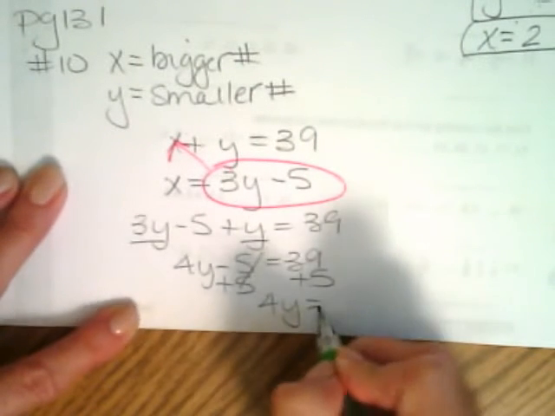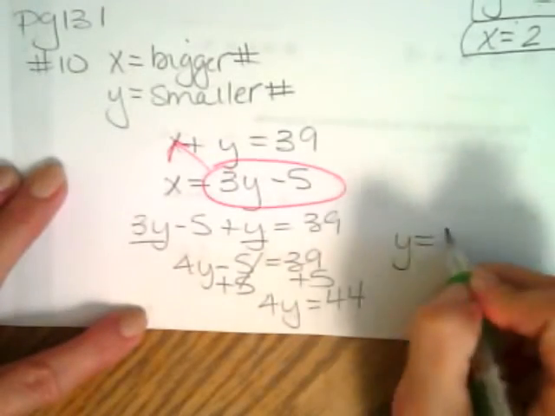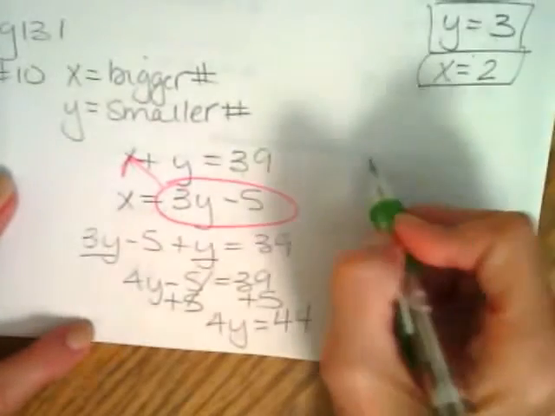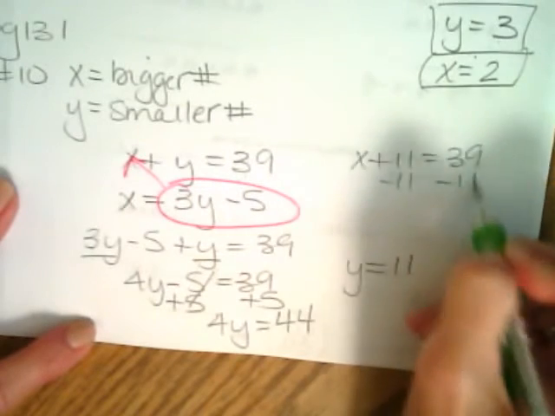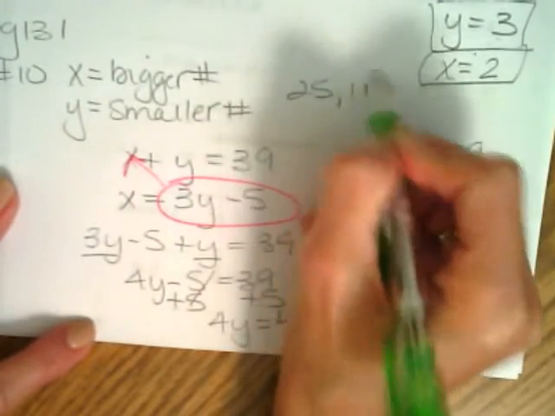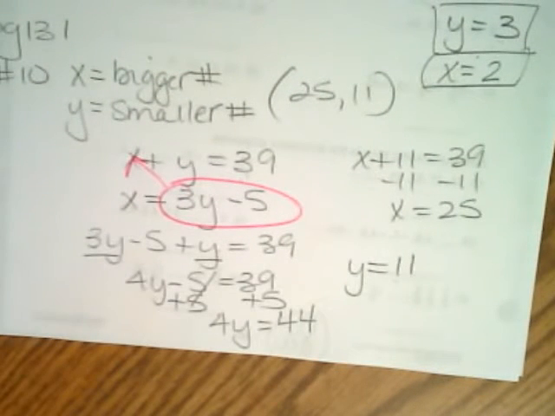So 4y is equal to 44. So y is 11. And if y is 11, then x plus 11 is equal to 39, so x has to be 25. And then you could go back in and check it to make sure it works.